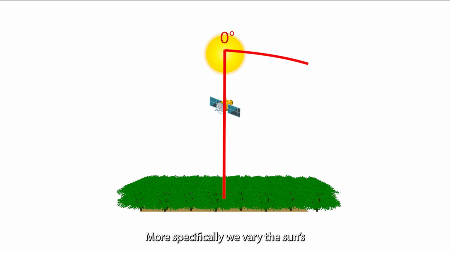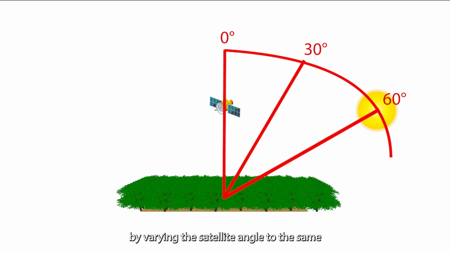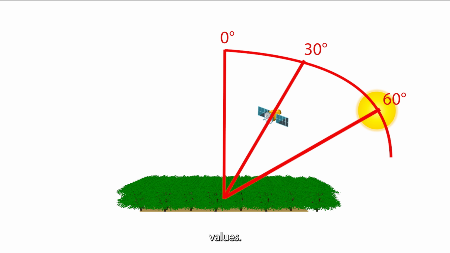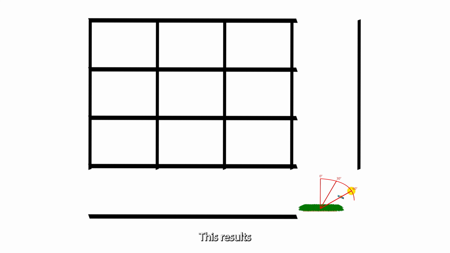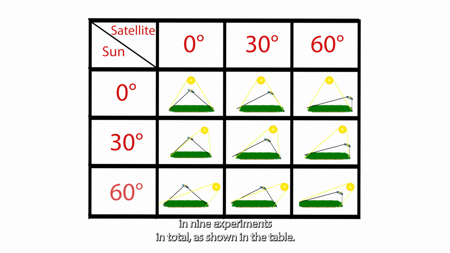More specifically, we vary the sun's angle to 0 degrees, then 30 degrees, and then 60 degrees, and then repeat the process by varying the satellite angle to the same values. This results in 9 experiments in total, as shown in the table.